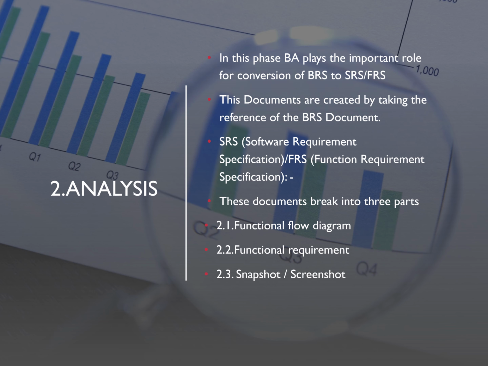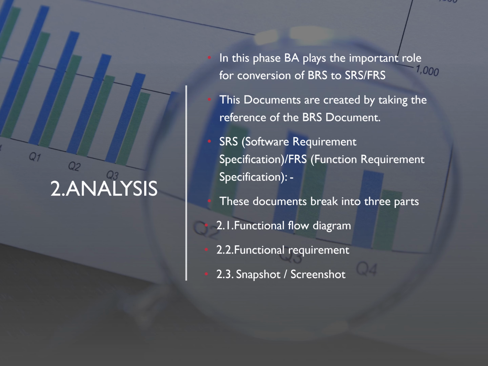So SRS is nothing but a software requirement specification, and FRS is nothing but a functional requirement specification. So this SRS or FRS is the detailed information document. By taking the reference of this SRS or FRS, developers and tester will work on the product development.